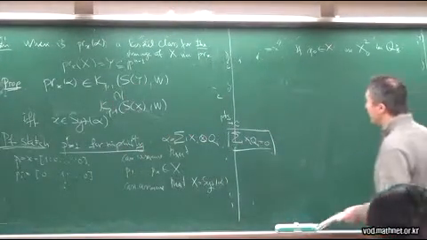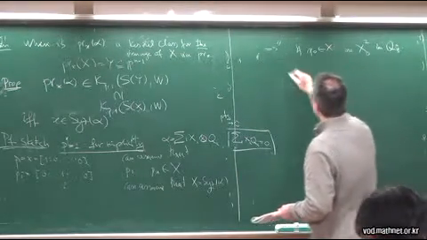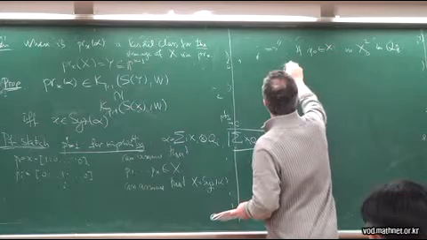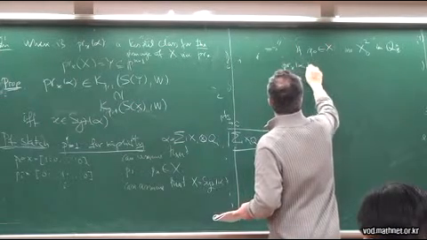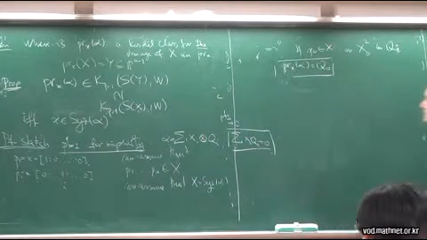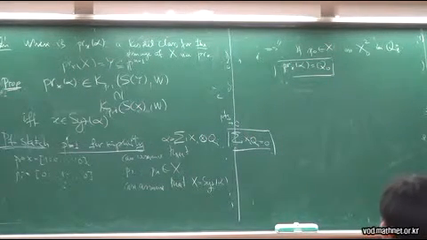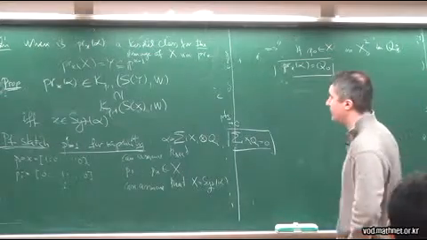Okay, and we want to prove that. So the projection in this case of alpha will be just Q0. We want to prove that Q0 does not depend on X0.